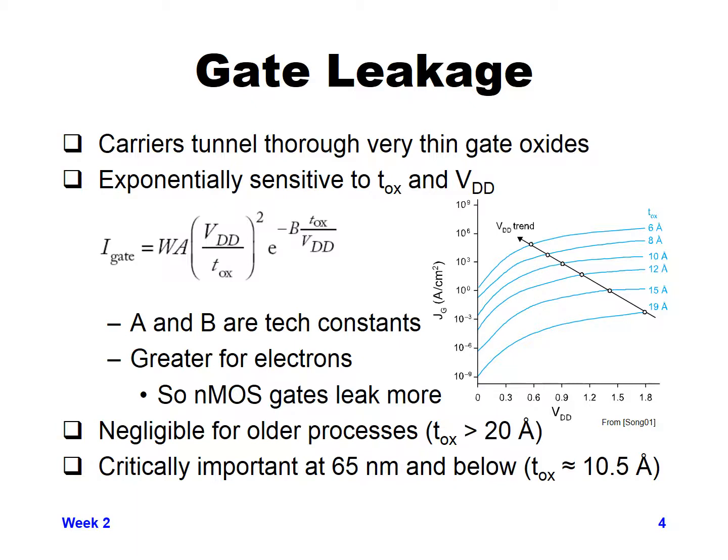But it's definitely become critically important for any process, 65 nanometers and below, just because of how the gate leakage compares to other leakage parameters in the process technology. It's starting to become something that is on the same order of magnitude and difficult to account for.